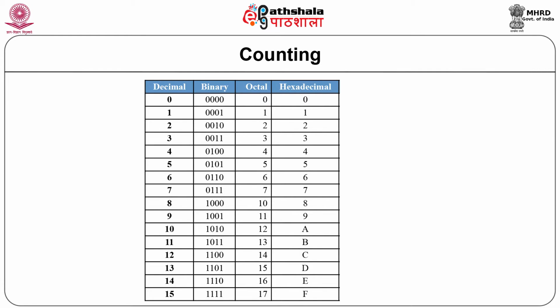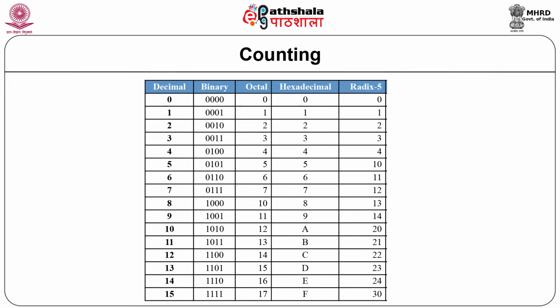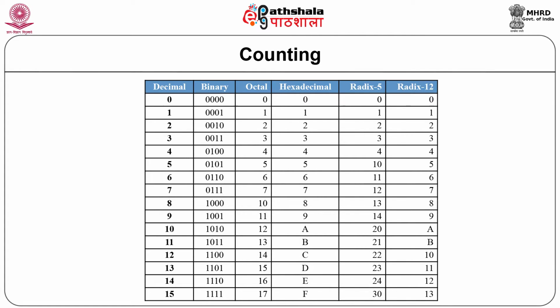In hexadecimal, after counting up to 9, the next digits are A, B, C, D, E and F. The concept is the same for Radix-5. After counting 0 to 4, the next numbers will be 1, 0, 1, 1, 1, 2 and so on. The same concept can be extended to Radix-12.